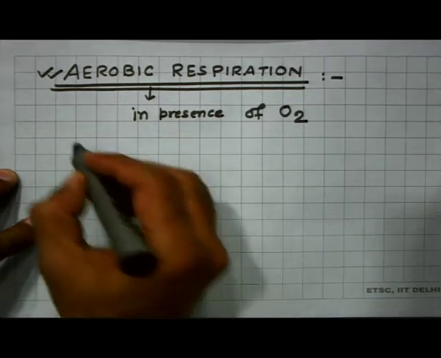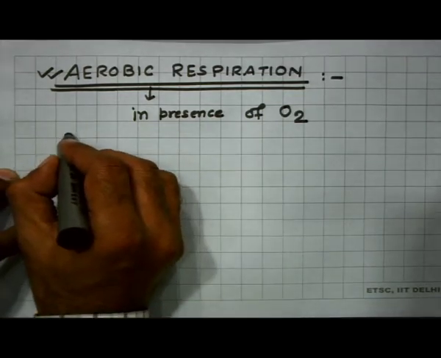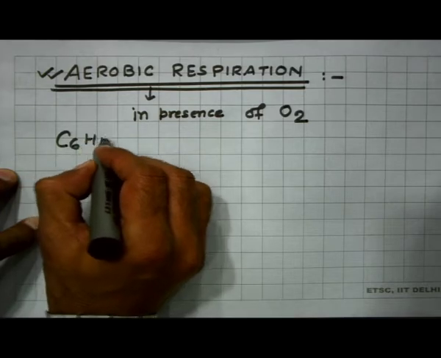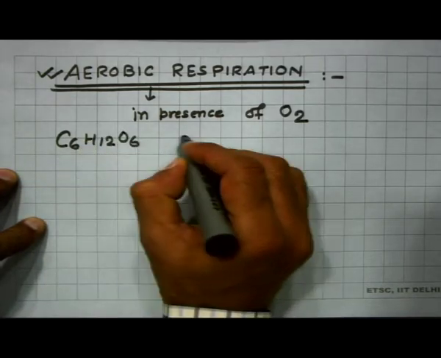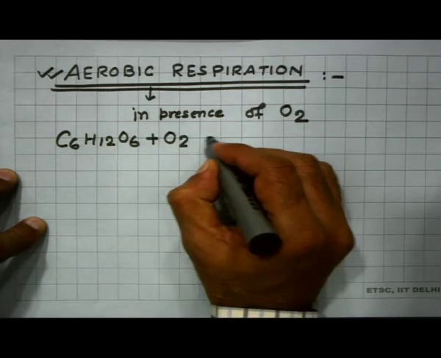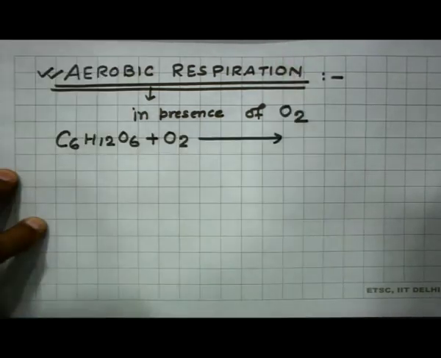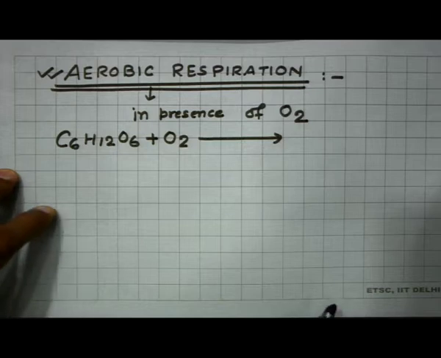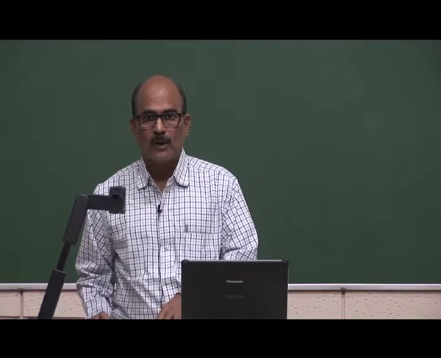And the glucose molecule is going to be broken down. Here the glucose molecule in presence of oxygen completely breaks down, but in anaerobic respiration there is only partial breakdown of the glucose molecule.